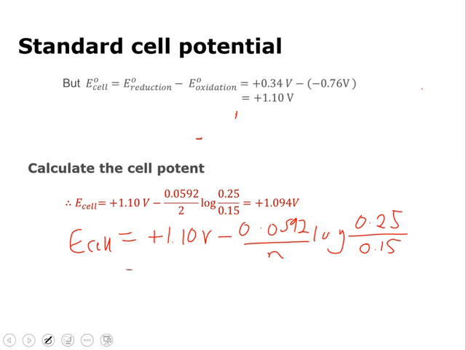Then when you simplify this value, what you get is plus 1.094 volts as your answer.